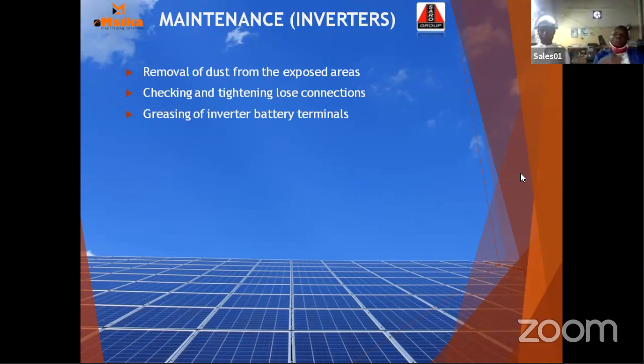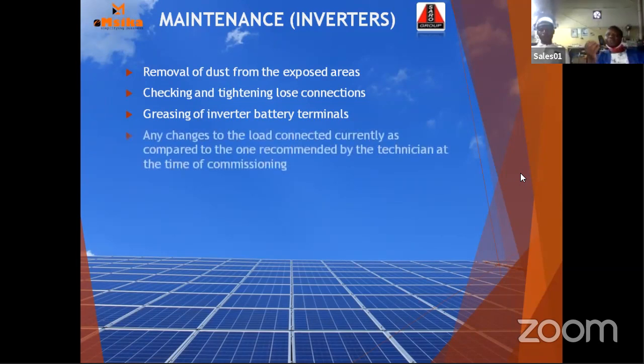You need to check if there's some sulfur on the terminals. You untie them, you put some grease, you clean it nicely, then you tie them back, because that is very important. If you don't attend to your inverter, eventually the cables might break loose, and the inverter will not be able to supply the necessary energy. So you need to make sure that all that is attended to.